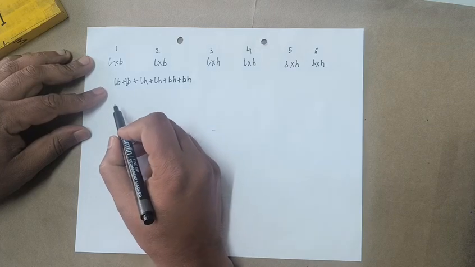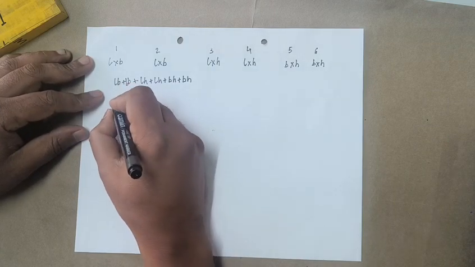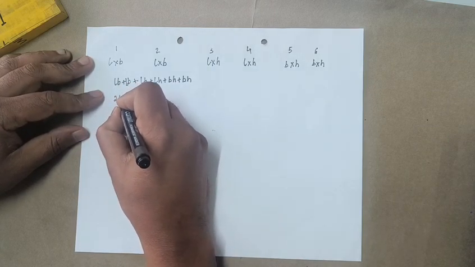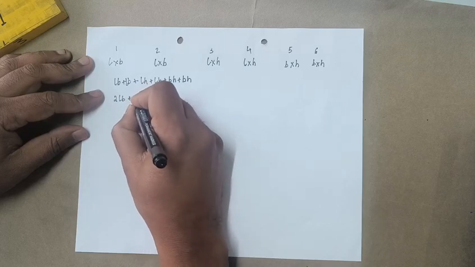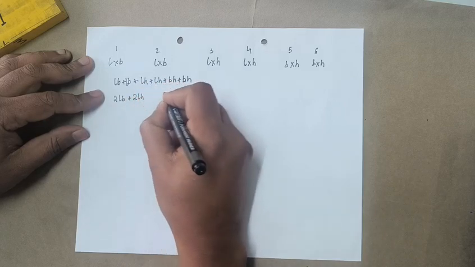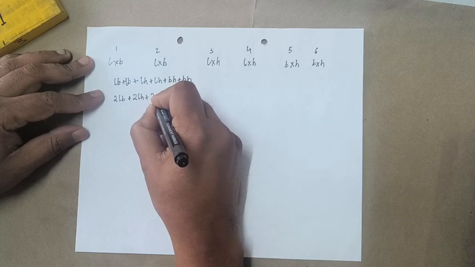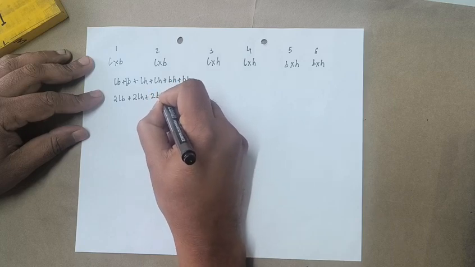Also, if you have done algebra, you know that LB plus LB can be written as 2 times LB, plus 2 times LH plus 2 times BH.